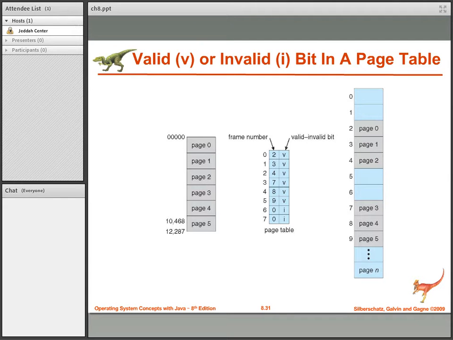Then you have the page table, giving you the page number and the corresponding frame number. But in addition to that, you have another column giving you the valid-invalid bit that we said is used for protection.